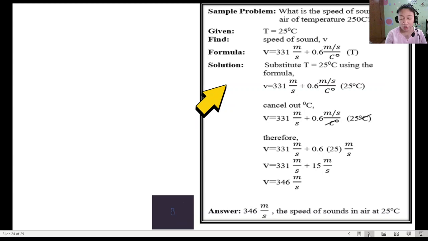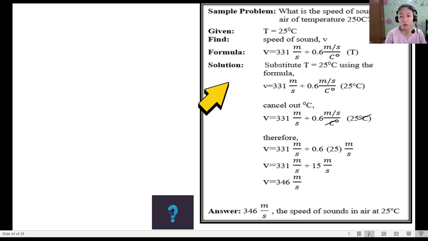So, may cancellation tayong mangyayari. Celsius degree, then to the other Celsius, dun sa 25 degrees Celsius. Yan, makakancel siya. So, pwede na tayong mag-add later kasi pares na silang meter per second. So, before doing that, multiply first 0.6 sa 25.